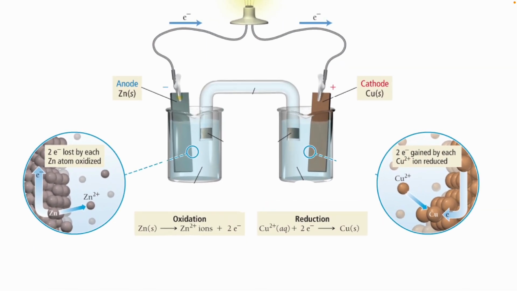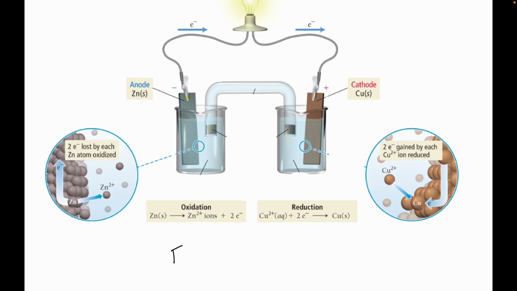So we see that electrons are flowing from anode to cathode. All right, this is this little phrase that I have stuck in my brain that helps me remember the direction of battery chemistry here, from anode to cathode.